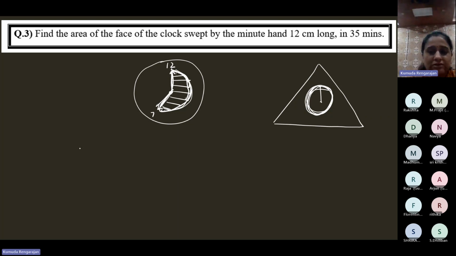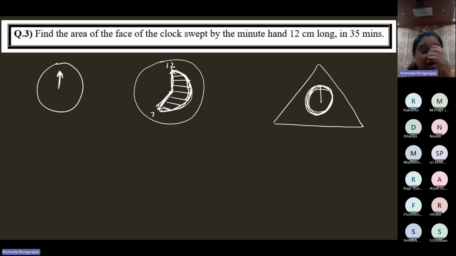Now, use the proportion like this. Talking about the minute hand: in how many minutes will the minute hand go 360 degrees? 360 degrees means the minute hand is at 12. When will it come back to 12?